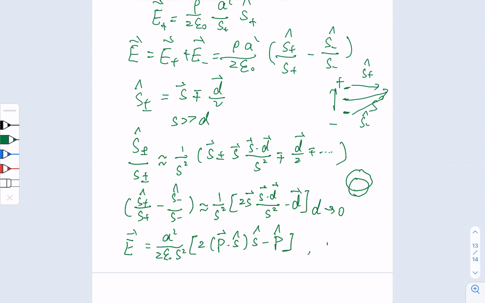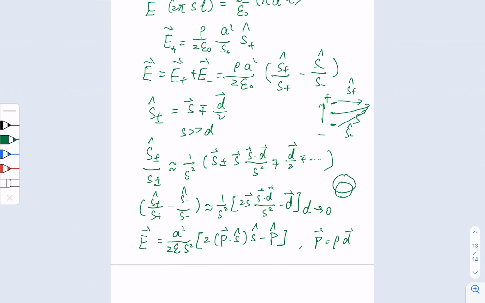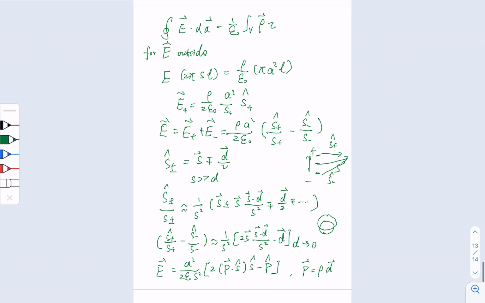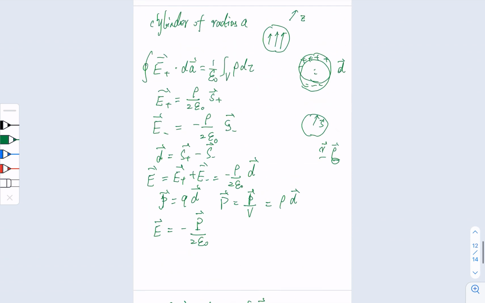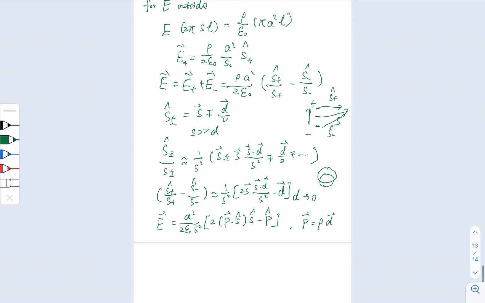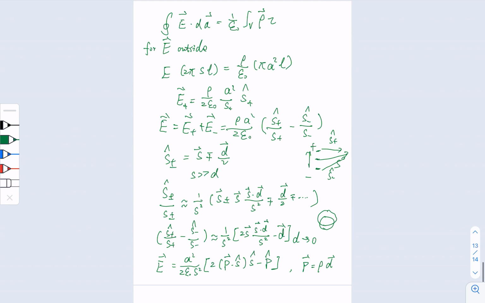and here this capital P is simply rho times D. And this gives us both the E field inside the cylinder, which is a constant, and outside this cylinder, which is something complicated.